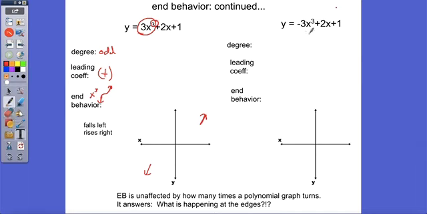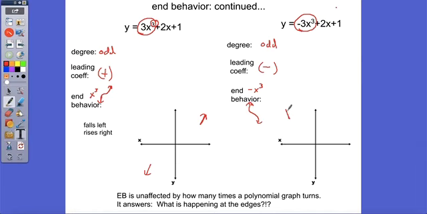Okay, for this last example, notice we have an odd degree. Of our 3 terms, we're looking at our highest degree term here. It has an odd exponent, so its degree is odd. Leading coefficient now is negative rather than positive. So our end behavior is going to be the reverse of positive x cubed. It'll be like negative x cubed, so it'll switch the other way. It'll look like that at the edges.